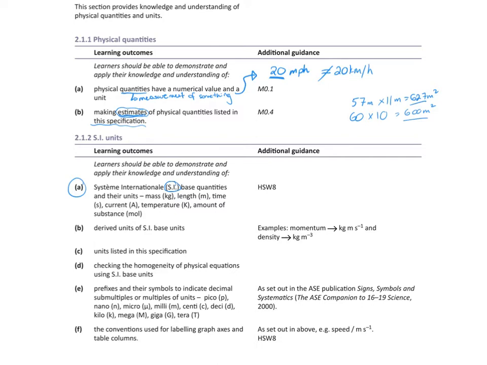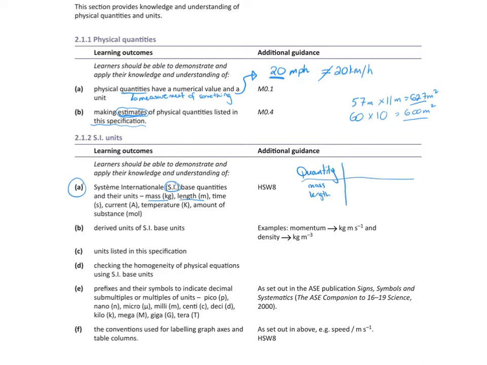The first one is mass, which is measured in kilograms or kg. The second one is length, which is measured in meters or lowercase m. Now, a very, very important part is the fact that we have a quantity. The quantity is what we can measure, for example, mass, length, and so on.